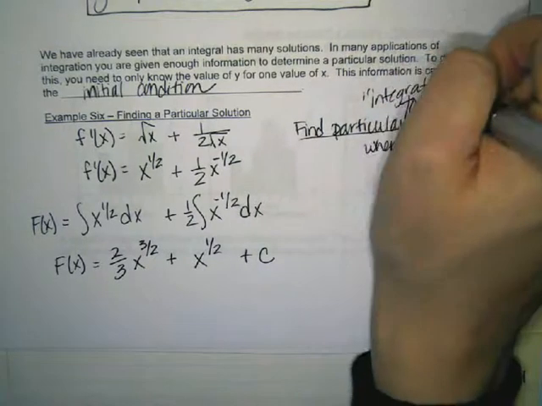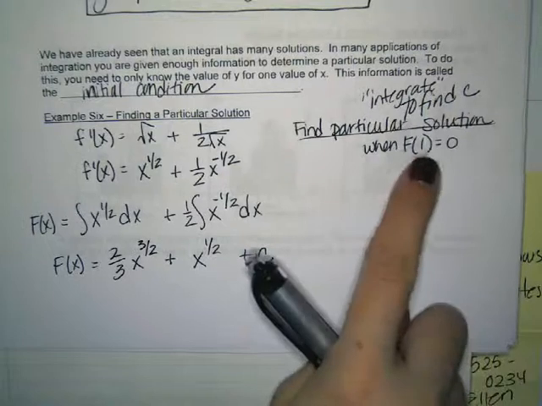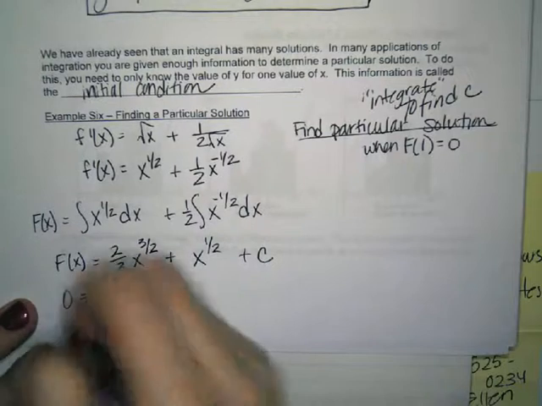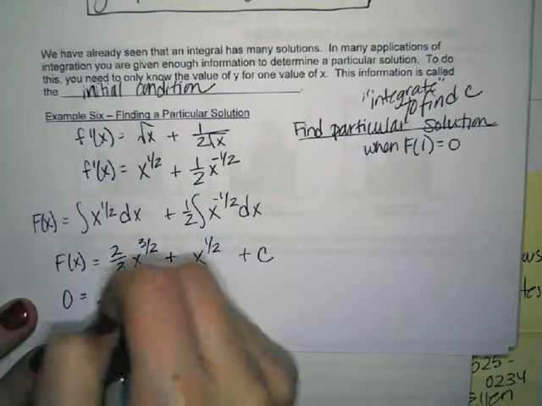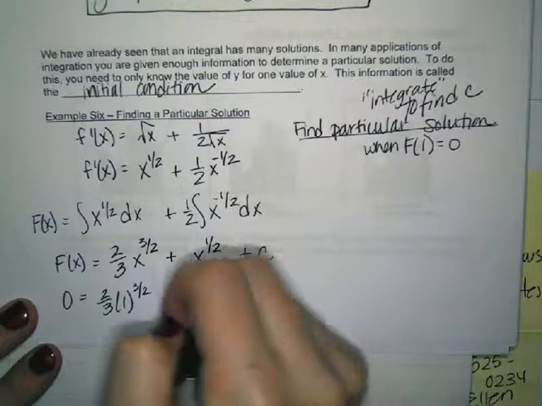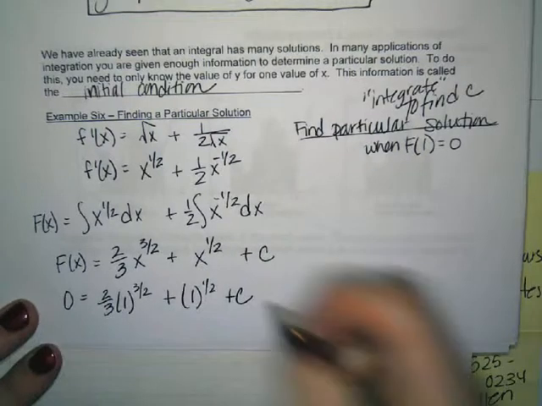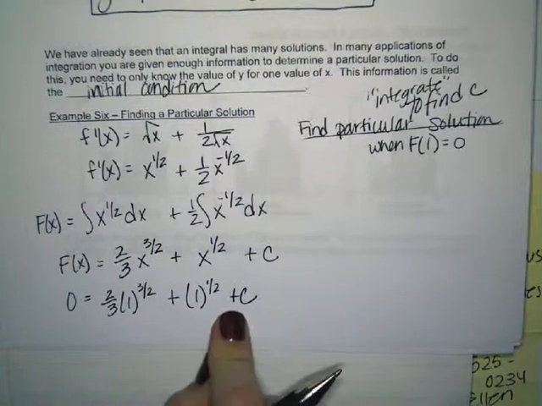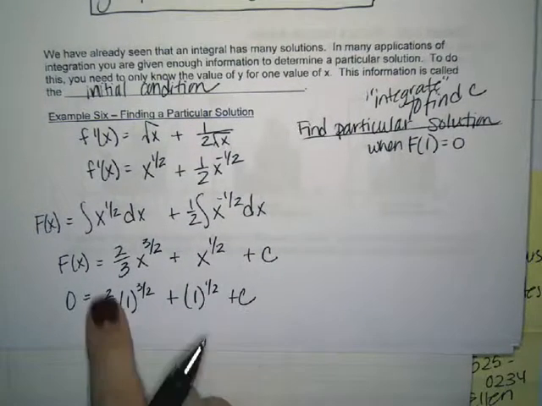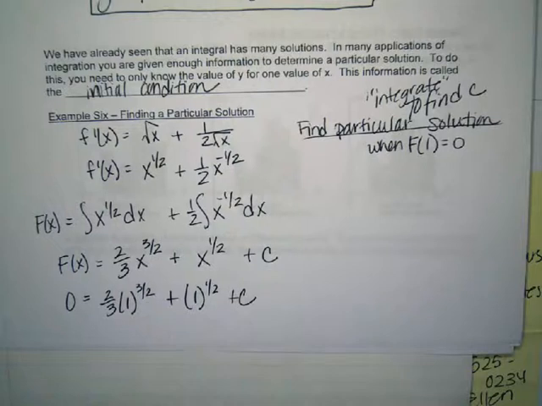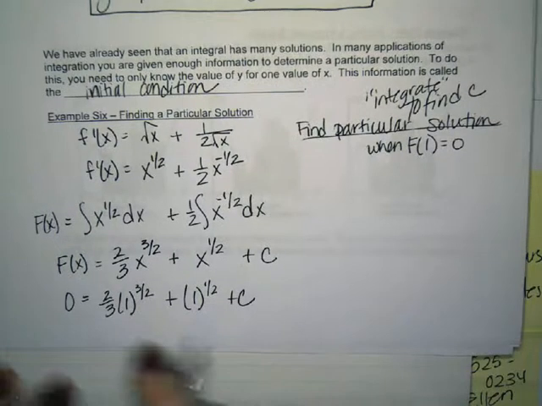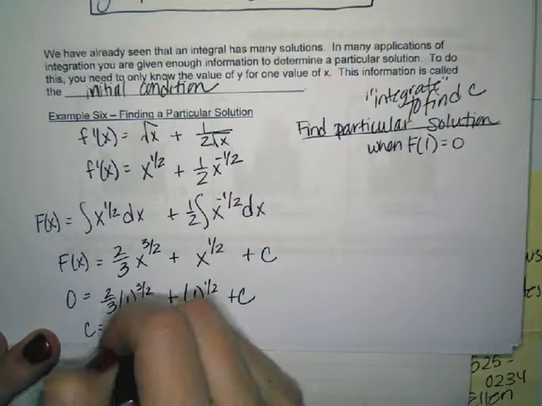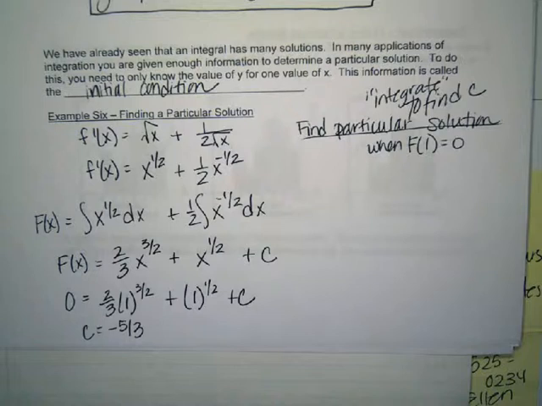And so I'd have to subtract it to the other side, so you get c equals negative 5/3 at the end of that. If you need to write yourself a little note here, use 1, 0 to find c value. Okay? And then we're going to rewrite my answer. So f of x equals 2/3 x to the 3/2 plus x to the 1/2 minus 5/3. So that's my particular solution.